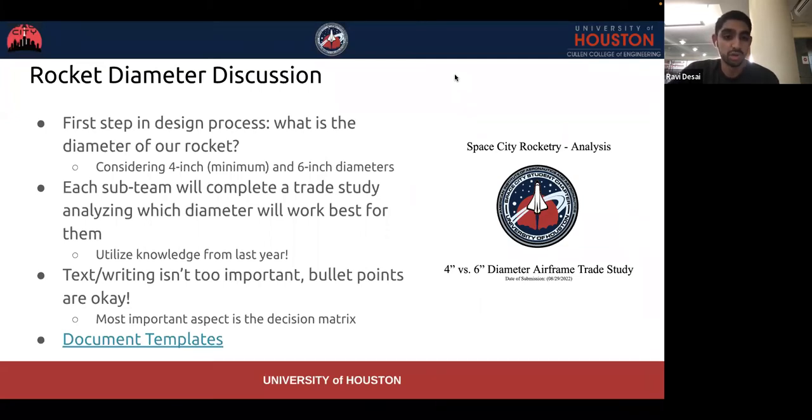The way we're going to approach this decision is by each sub-team completing a trade study, analyzing which diameter will work best for them. There is a lot of content from last year when we did the same thing.